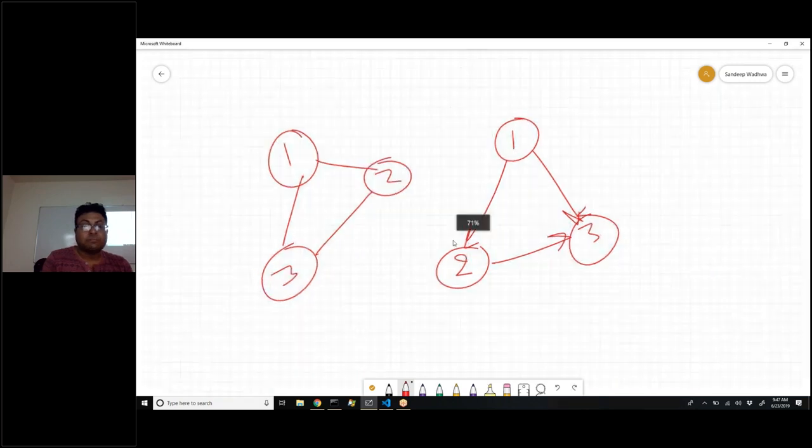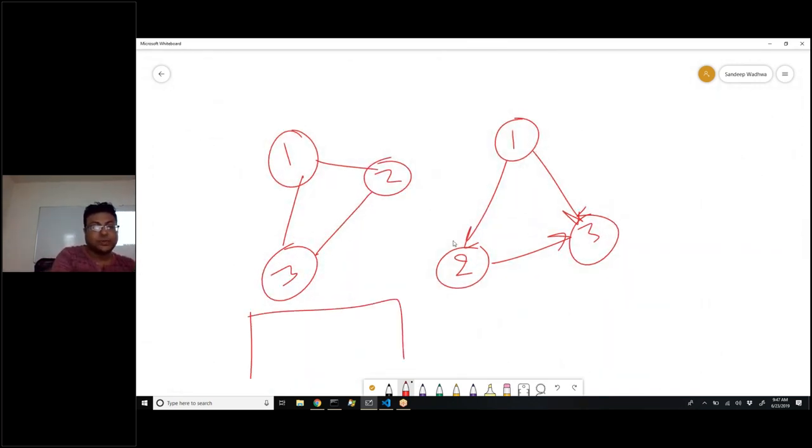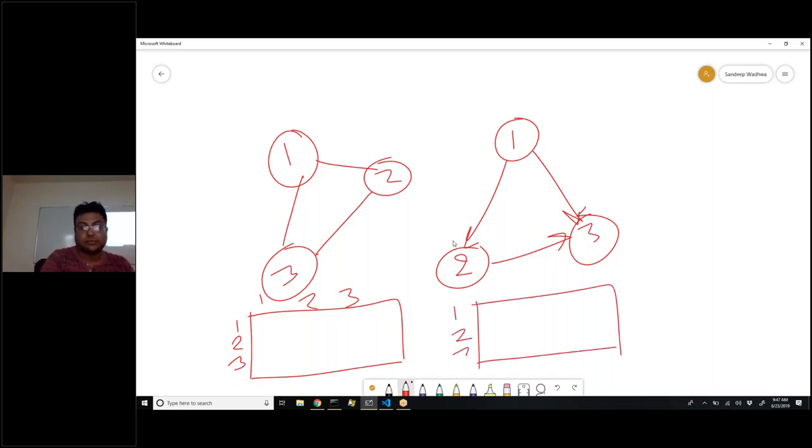When we represent both of them with the help of matrix, what changes is we take a matrix 1, 2, 3 here, 1, 2, 3 here. I'm just leaving out the 0th row, 0th column. Now in this graph, we say 1 is connected to 2 and 2 is also connected to 1. That is what undirected means.